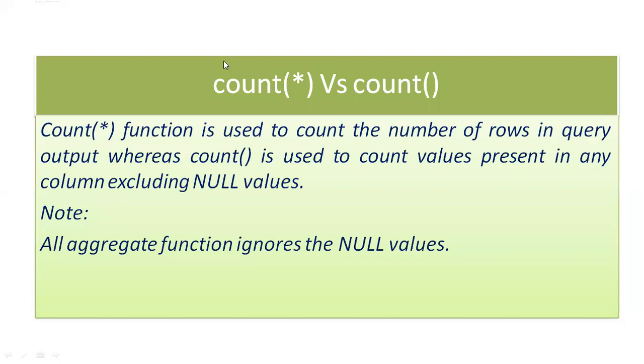So here SELECT COUNT asterisk and COUNT. What is the difference between them? Sometimes the question arises: what is the difference between count asterisk and simply count functions? Count asterisk is used to count the number of rows in a query output, whereas simply count is used to count values present in any column, excluding null values.